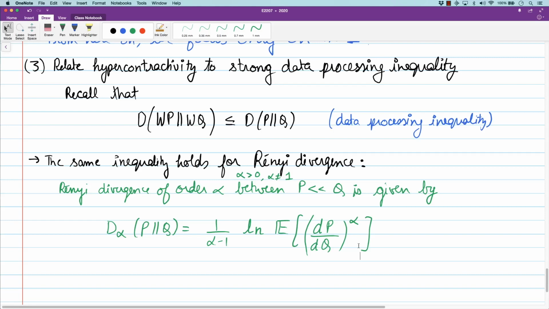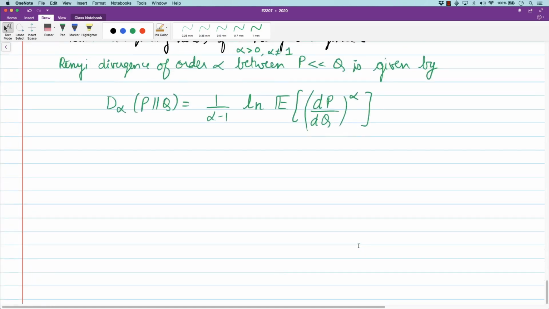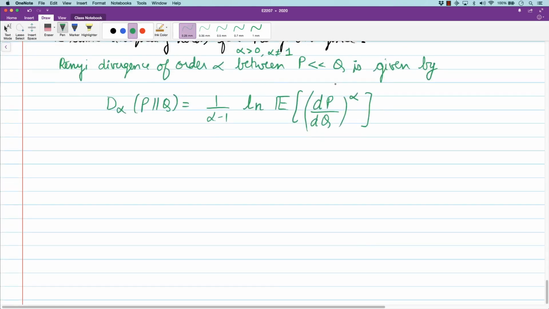So this is what Rényi divergence is, and for the discrete case you can simplify this. D_alpha(P||Q) for the discrete case can be written as 1 by alpha minus 1 log of the summation over x of (px by qx) to the power alpha, with this expectation taken with respect to Q, that's the bigger measure, qx, so you get px to the power alpha qx to the power 1 minus alpha.